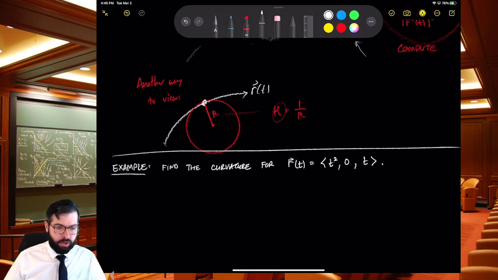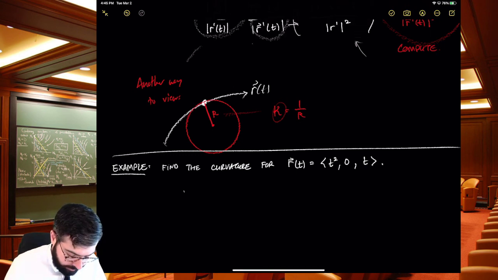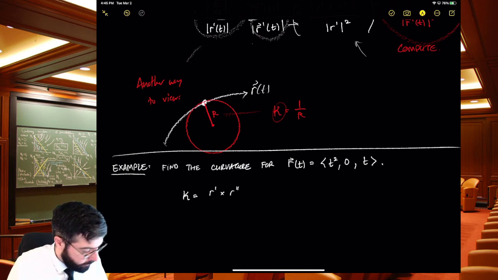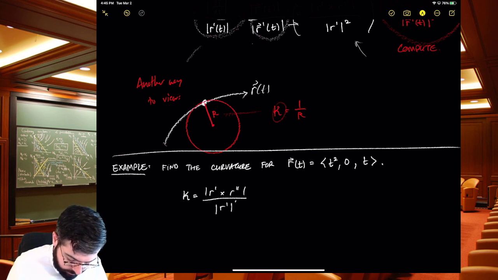So to find the curvature of this simple parabola in R3, we would use the formula that I just gave you, which would be best. What is it? R prime cross R double prime all over this guy cubed.